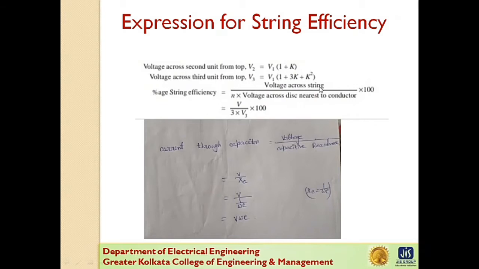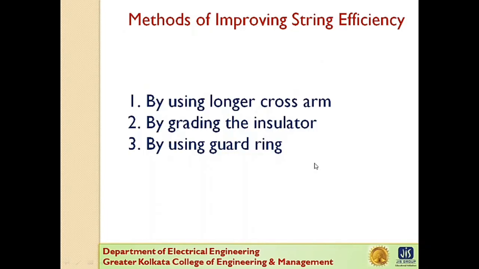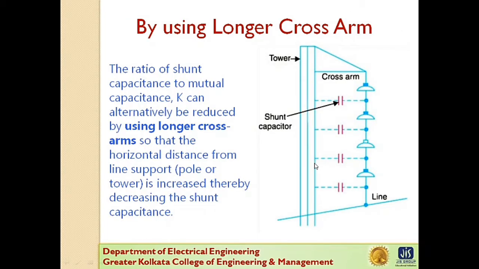V1 and V1 cancel out, so the string efficiency only depends upon K. K is the ratio of shunt capacitance to mutual capacitance. The lesser the value of K, the greater the string efficiency. That means the voltage distribution is more uniform.